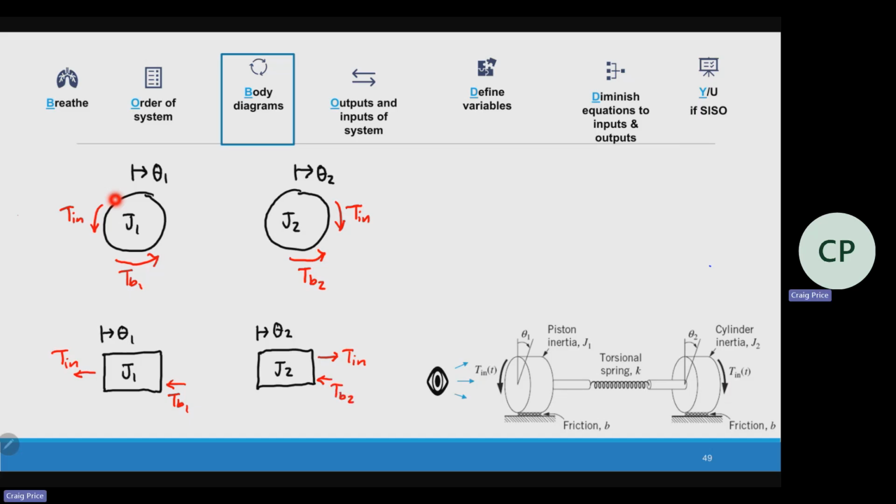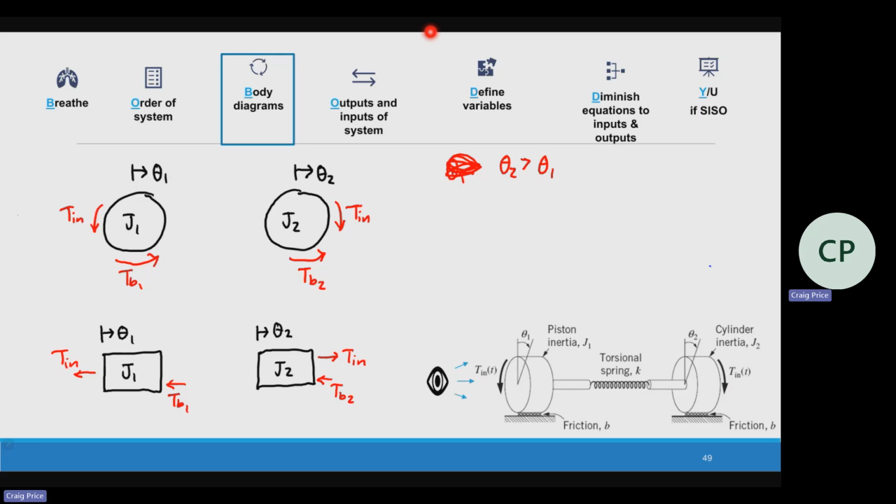Which one did you pick? I don't care. Okay, I'm just going to say theta 1 is greater than... Oh, you know what? No. Let me look at the torques, just for the fun of it. If this is moving this way and the torque is moving that way, maybe we can say theta 2 is greater than theta 1. Doesn't matter which way you choose it. We're just going to stick to that.